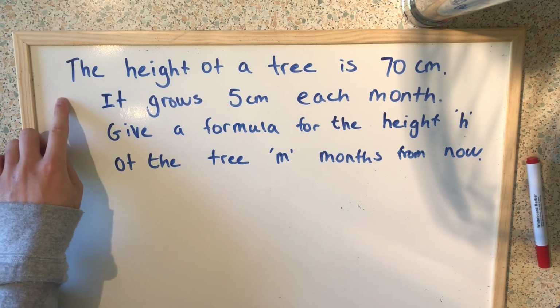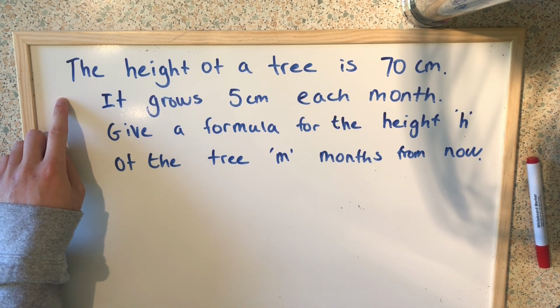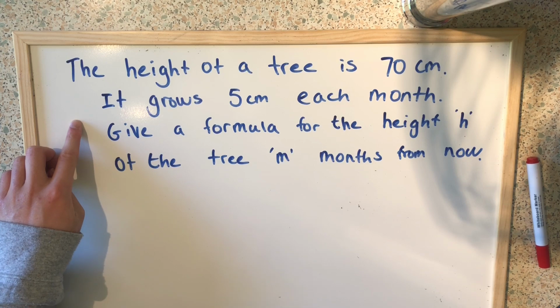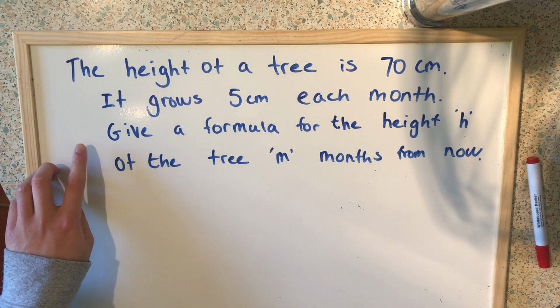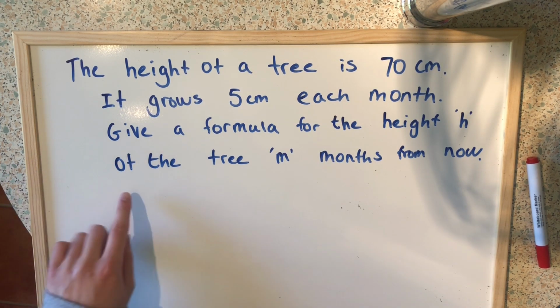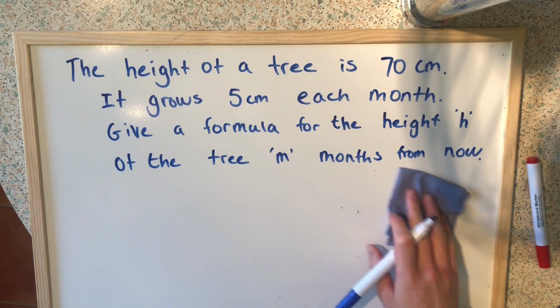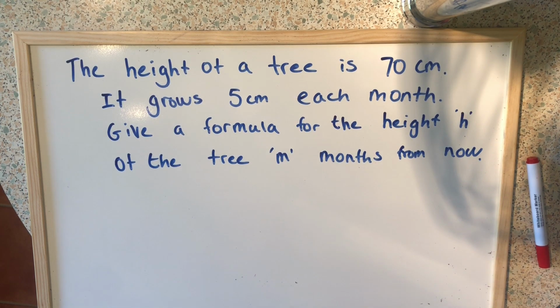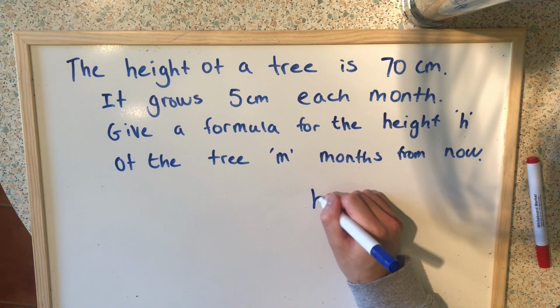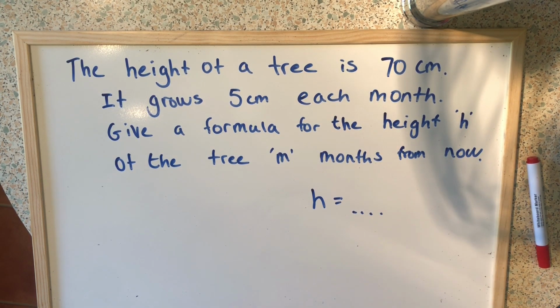Okay, so now we've got the height of a tree is 70 centimeters. It grows 5 centimeters each month. Give a formula for the height h of the tree m months from now. Okay, so now we want a formula for the height. So we want h is equal to something.